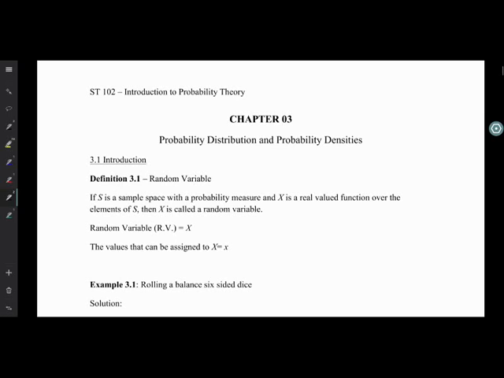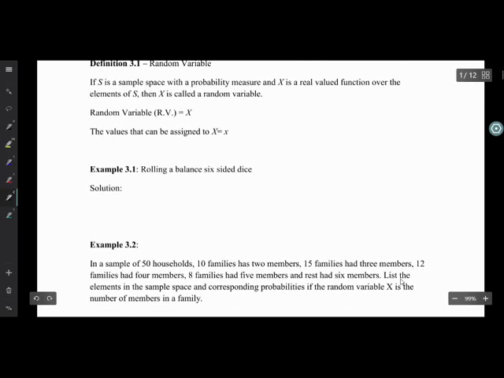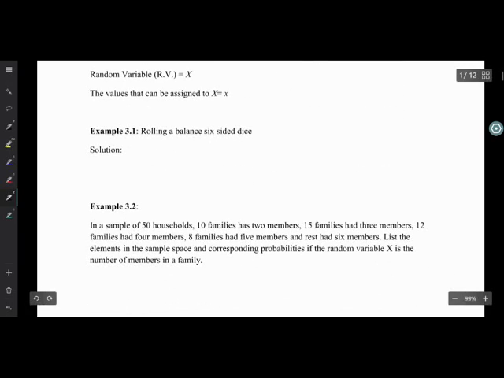Let's look at the first example. Think about rolling a balanced six-sided dice.